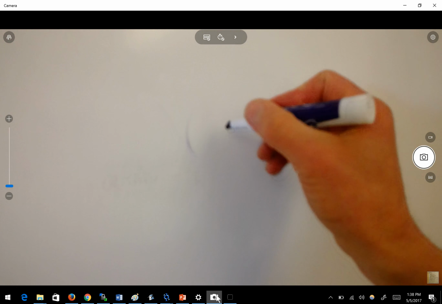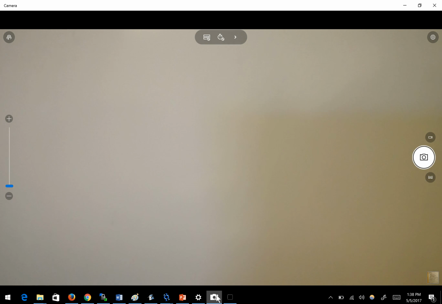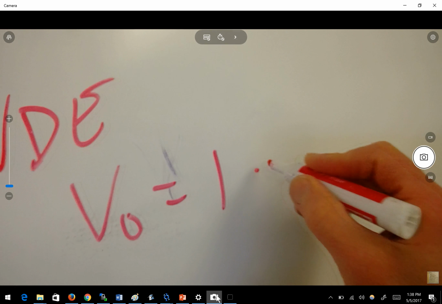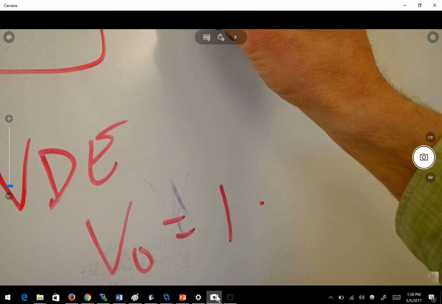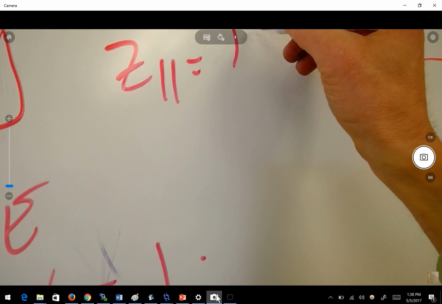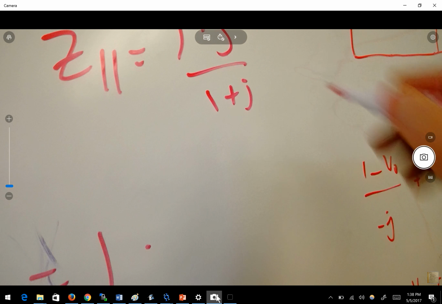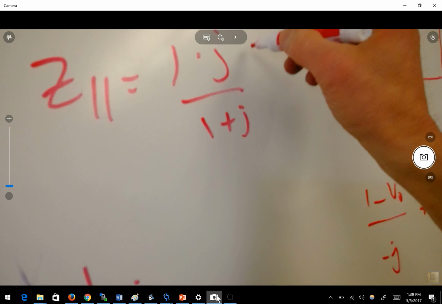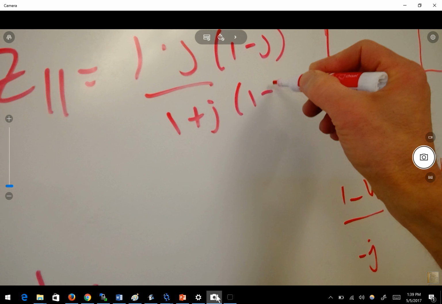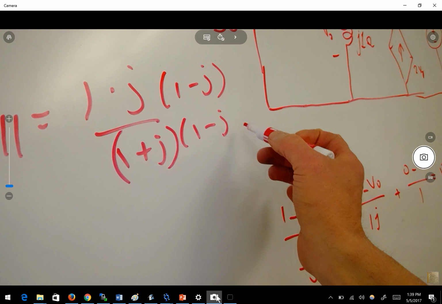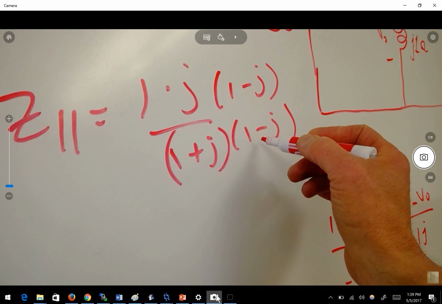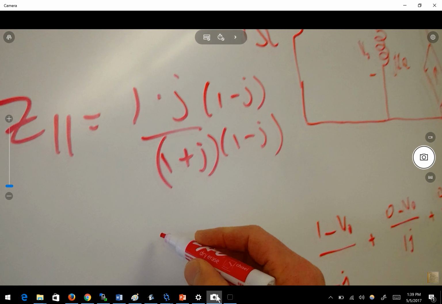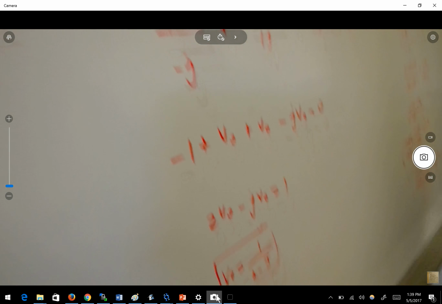Using the voltage divider equation, VO equals 1 times... actually, let's find Z parallel first. It's 1 times J over 1 plus J, which is J over 1 plus J times 1 minus J over 1 minus J. The denominator is just 2, so it's J plus 1 over 2, or 1 plus J over 2. That looks sort of like what you had over there.